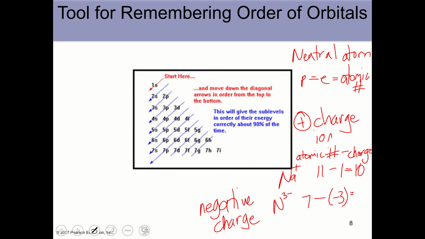So 7 minus -3 is actually 10 because 2 negatives equal a positive. And so you have to remember to keep the sign on the charge, okay, when you're doing that calculation.